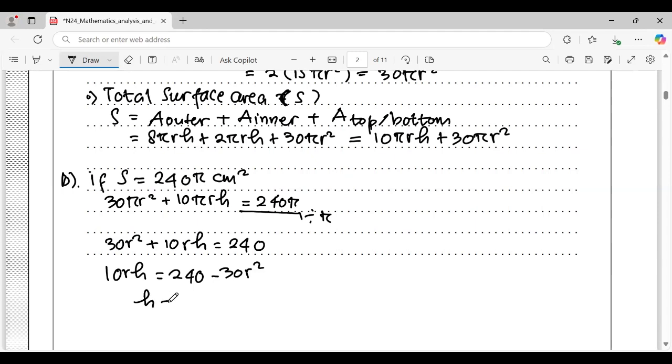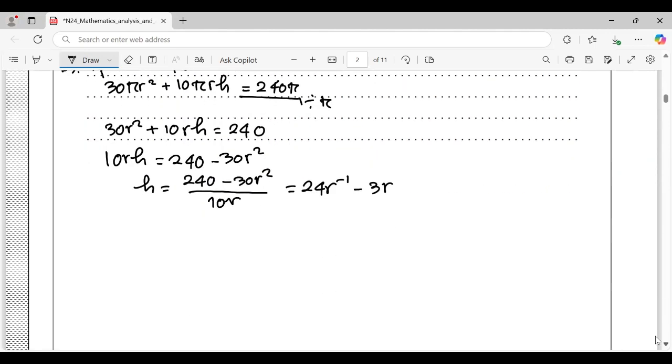And then H equal 240 minus 30 r squared over 10r. So this is 24 r power minus 1 minus 3r.